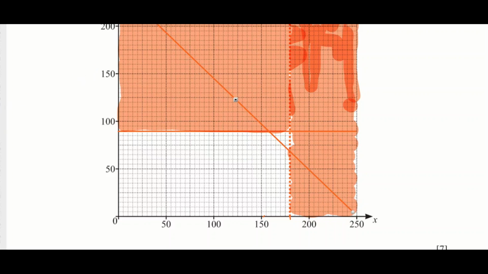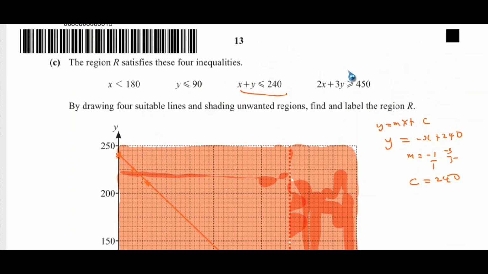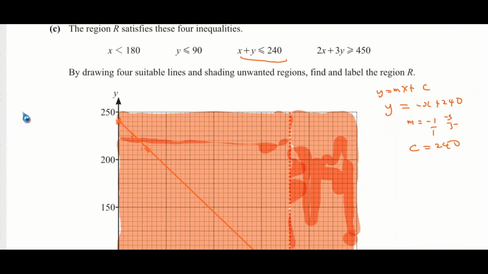Okay, so the last one will be this inequality here. So I'll also rearrange this. It will be 2x plus 3y equals 450. So let's rearrange this. It will be 3y equals minus 2x plus 450.